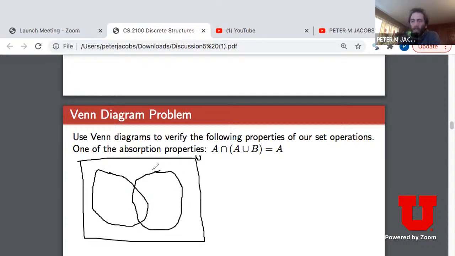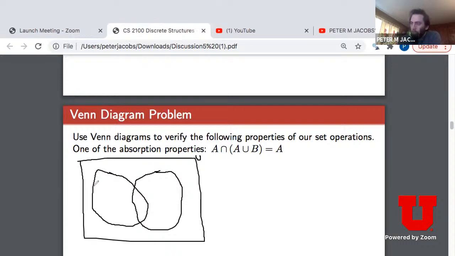And now we're going to fill in the region that is A intersection A union B. So first, let's fill in the region that is A union B. Does anybody want to shout it out? What region would that be? What's A union B here? What should I shade in? Both circles?